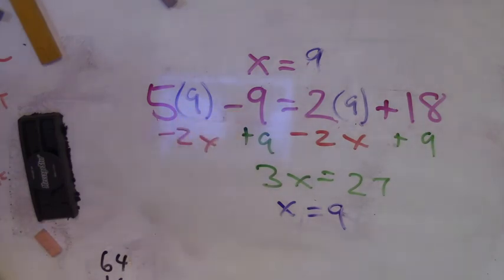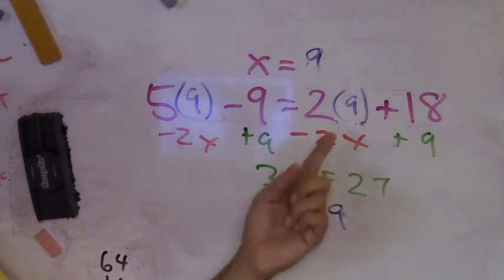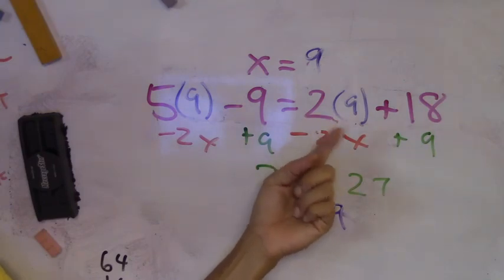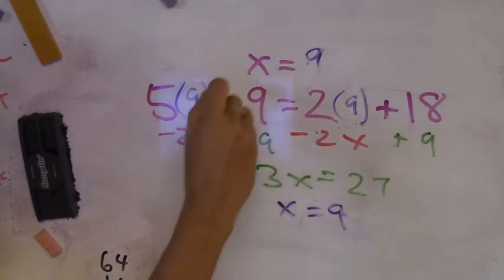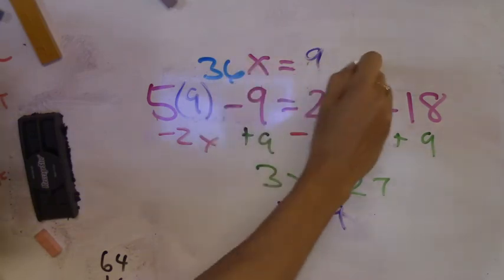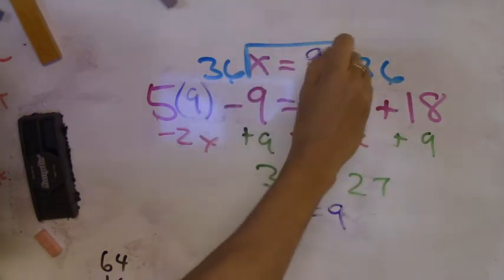Okay, 45 minus 9. What's 45 minus 9? 45 minus 9 is 36. Right. What's 2 times 9? 18. What's 18 plus 18? 36. So 36 is the same thing as 36 when x equals 9.